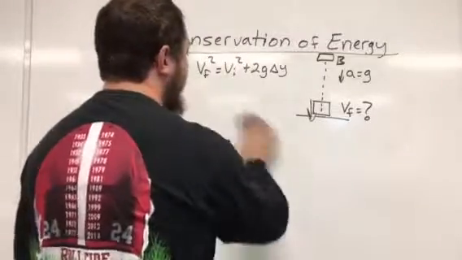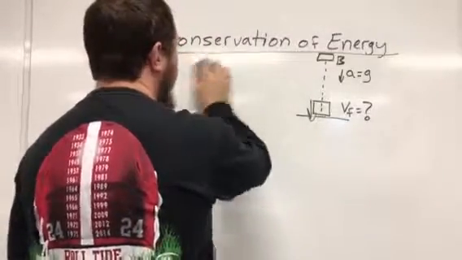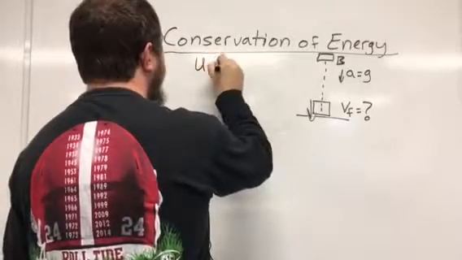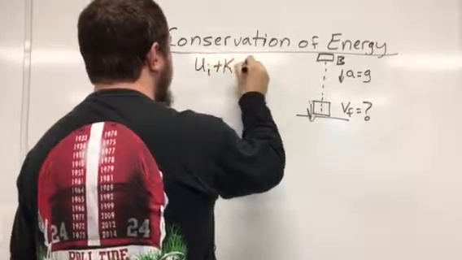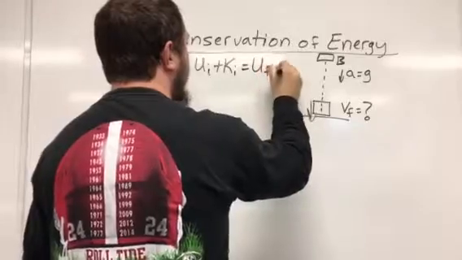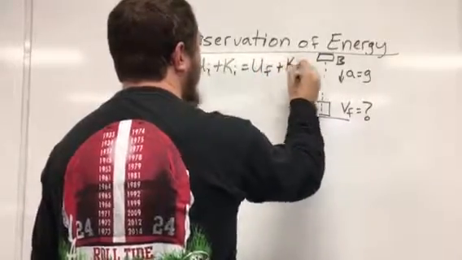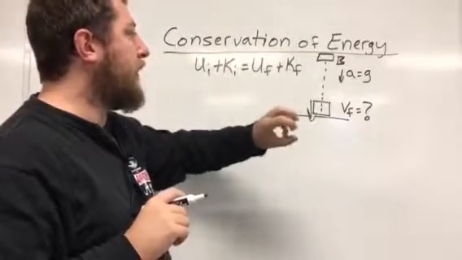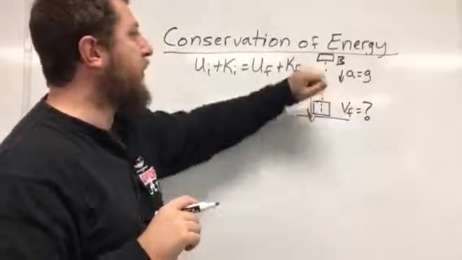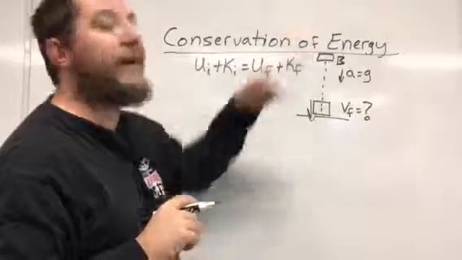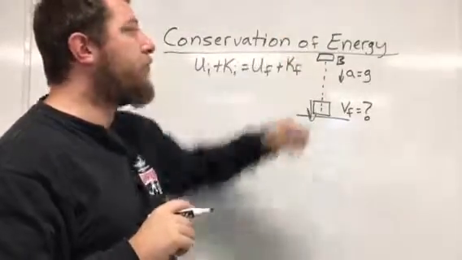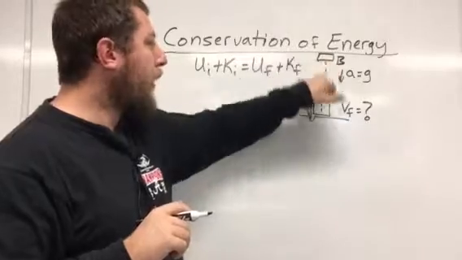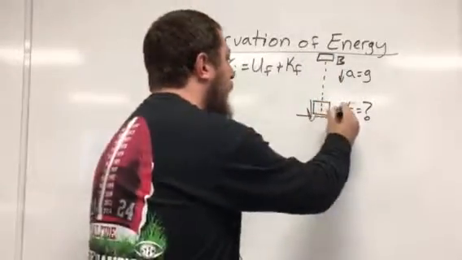Energy conservation would say that the energy initially present in the system must equal the energy finally present in the system. My initial point in my system is when my brick is raised to this height B above point A.